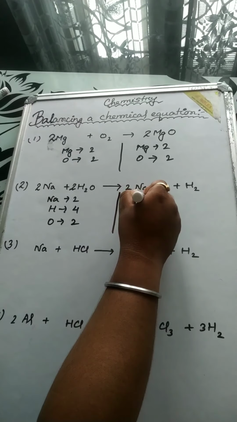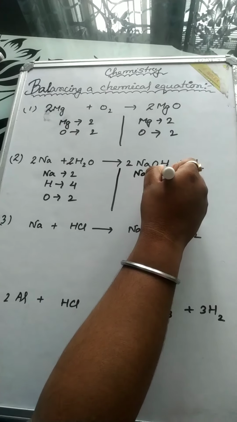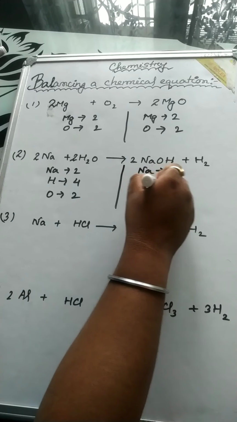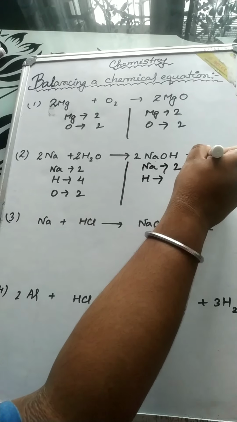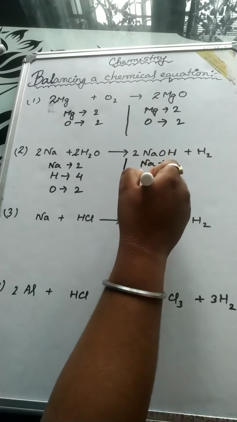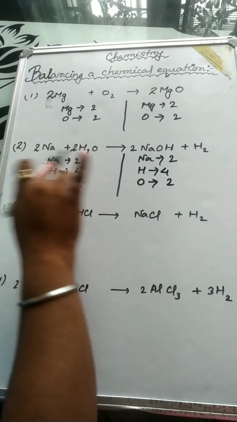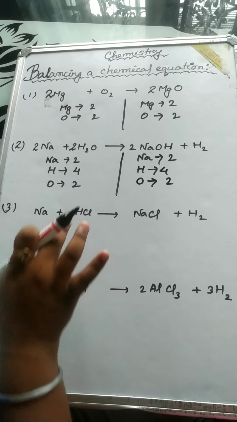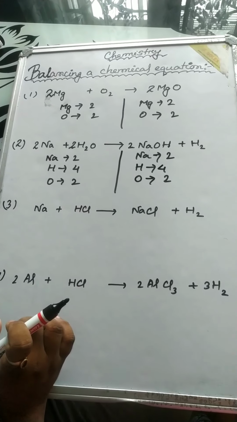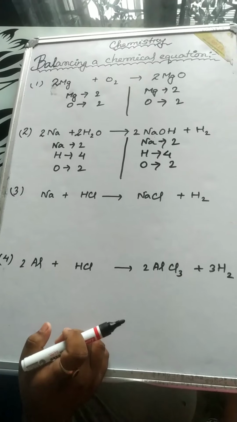On the product side sodium is 2, hydrogen is 2 plus 2, that means 4 atoms, and oxygen is 2. Since the number of atoms on both sides is equal, this chemical equation is balanced, right? So let us try the next one.